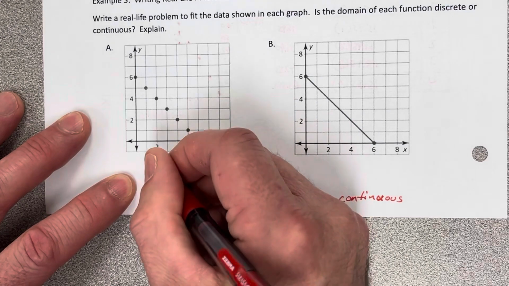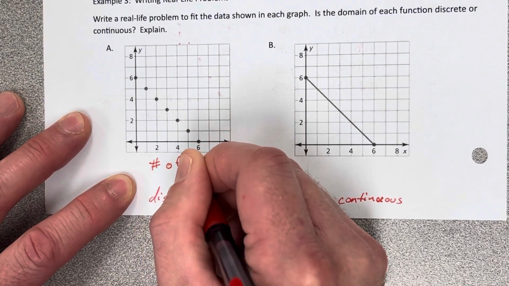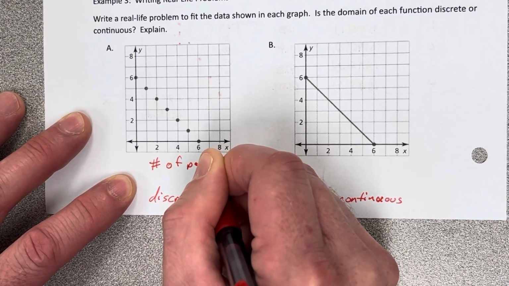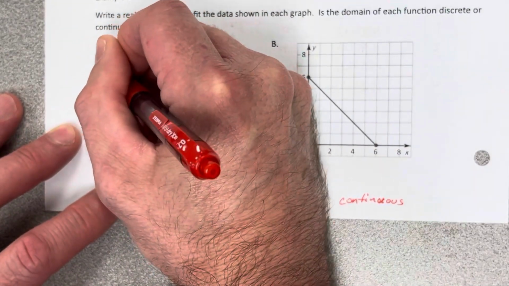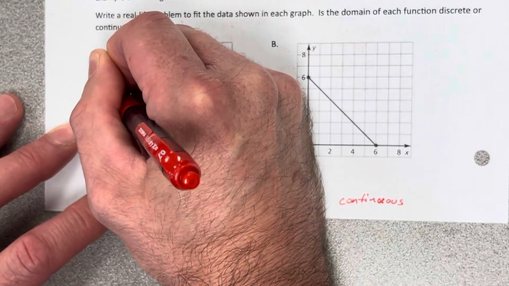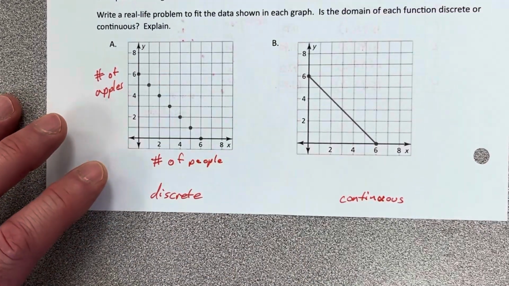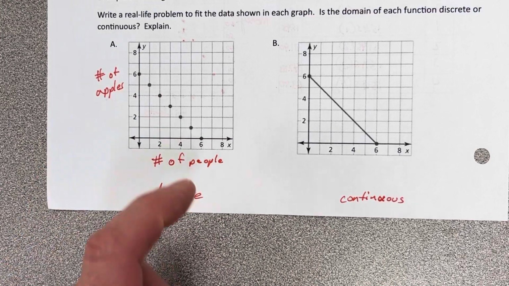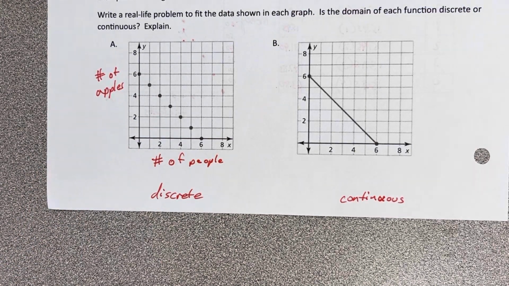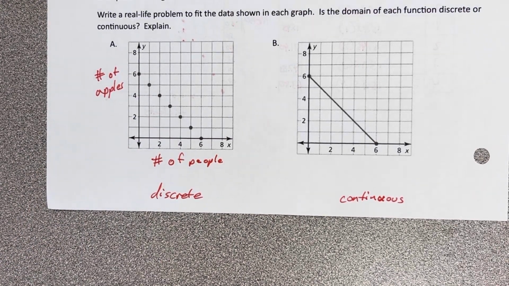So this was a number of people. And this was a number of apples. So basically what I thought was apples in a barrel. And as each person comes up, they take an apple. And so that would be data there. Notice they're just taking an apple, so there's no partial apples. They're just taking the apples away.